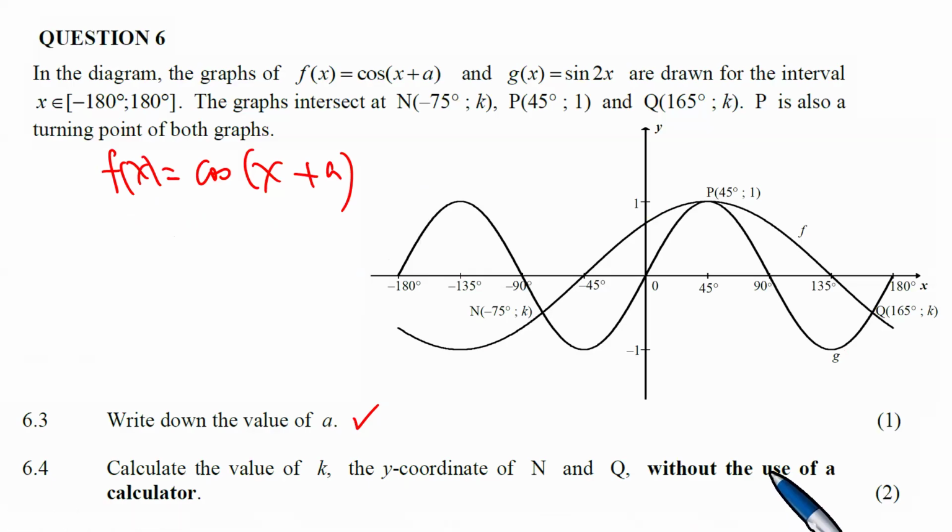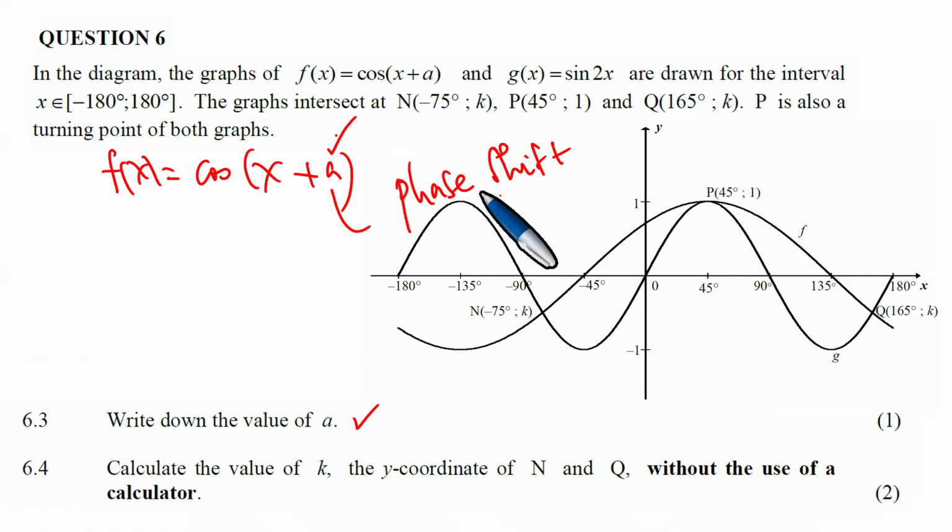But a is called what? A is called a phase shift of the graph. So the graph undergoes a phase shift by an amount a. But by what amount would this graph undergo a phase shift from the standard cosine graph?